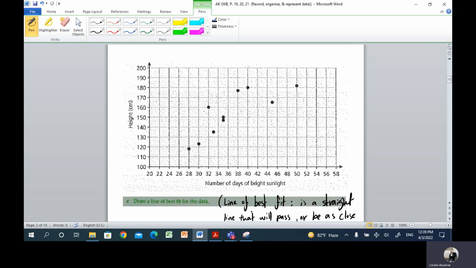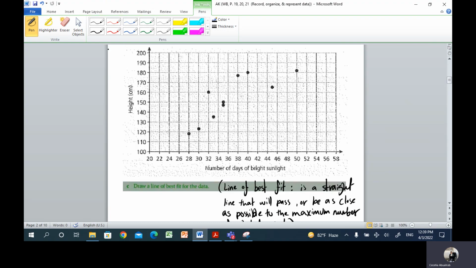So in this case, if you want to draw the line, it will be something like this. So this will be the line of best fit. It's a straight line that, if possible, should be passing through or as close as possible to the plotted points, to the maximum number of the plotted points.